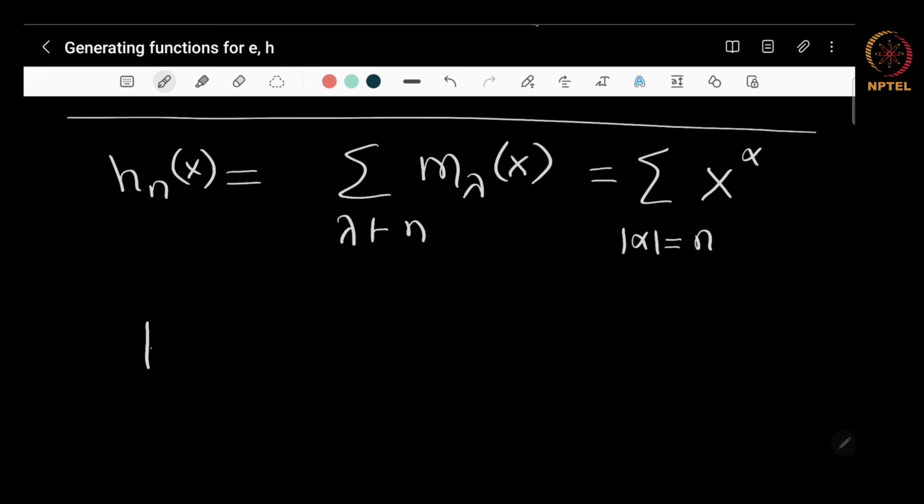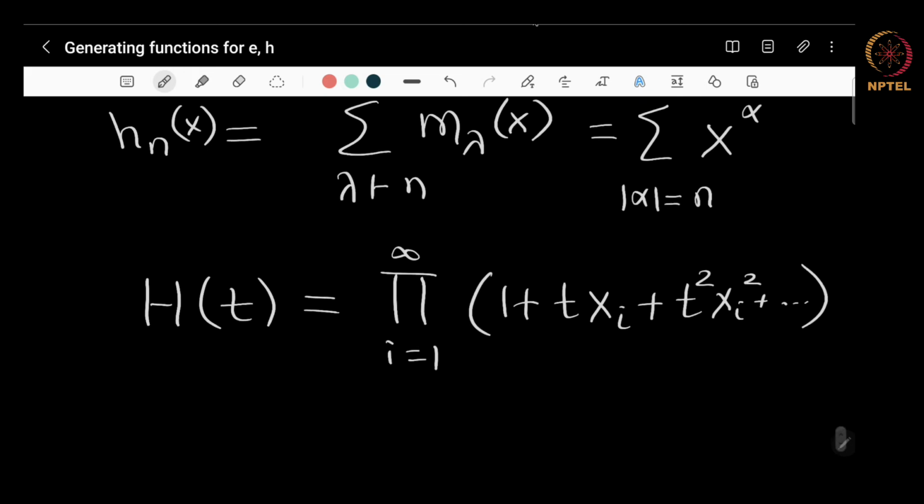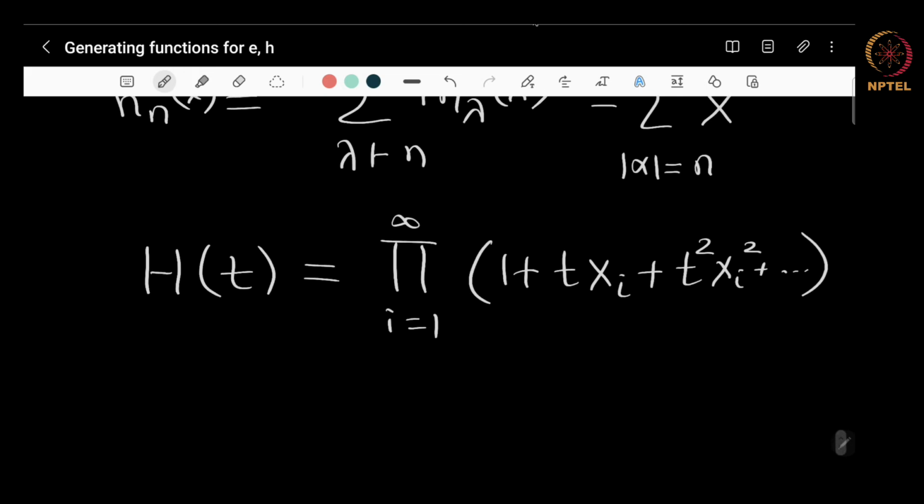And analogous to what we did for E, we can talk about the following power series. So just look at the product, i going from 1 to infinity. We'll put the t to keep track of the degree: 1 plus t xi, t squared xi squared, and so on. It's an infinite sum. And now, if you look at how this expands, it's going to have t power n, and the coefficient of t power n, how can you get a total power of t being n?